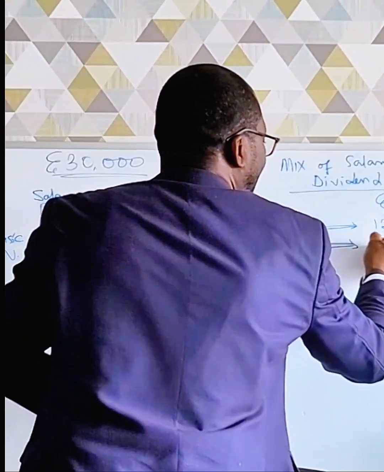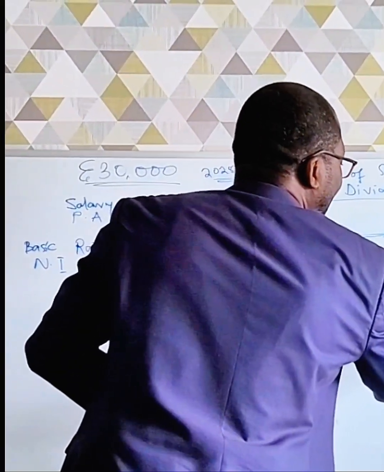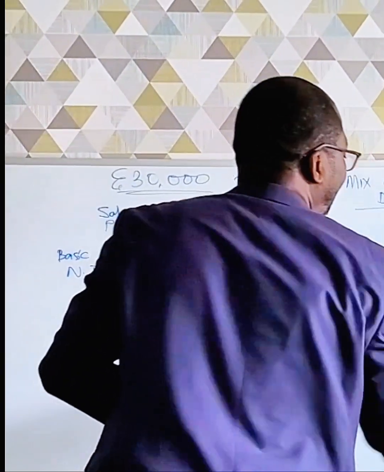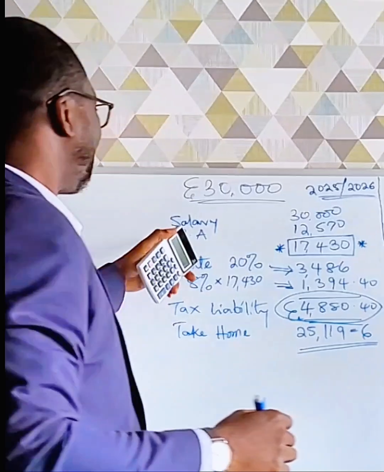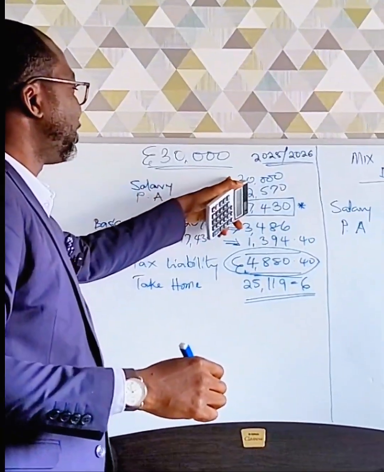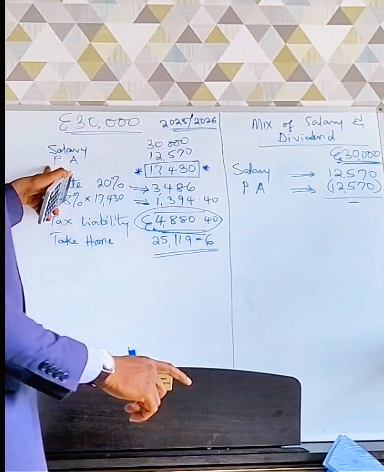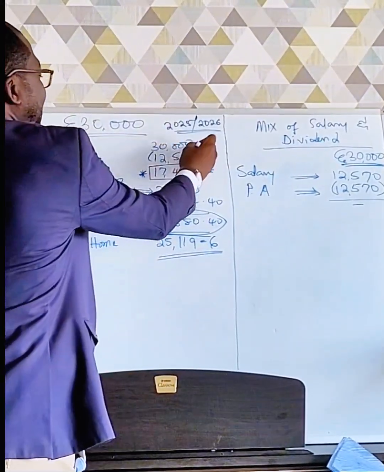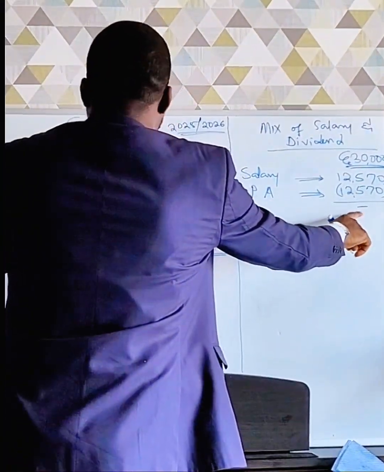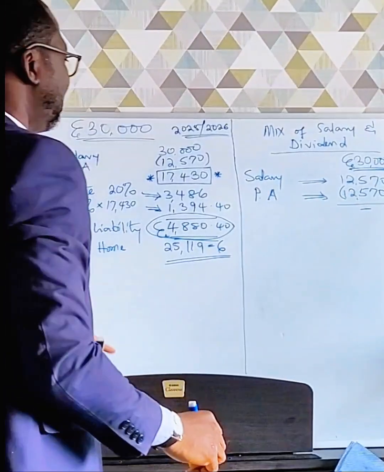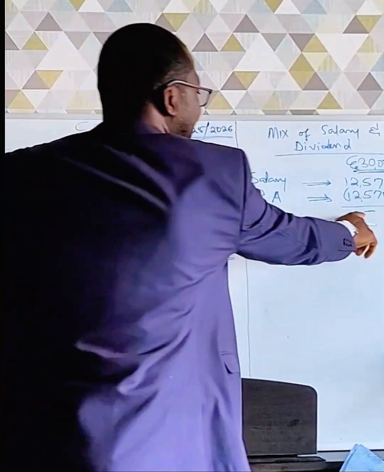How much is your tax liability there? Nothing. You understand? Instead of salary 30, you're paying yourself 12. Personal allowance, subtract, right? So your basic tax element there is 0.